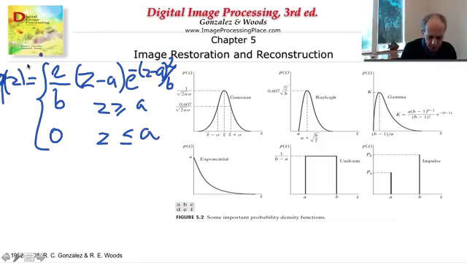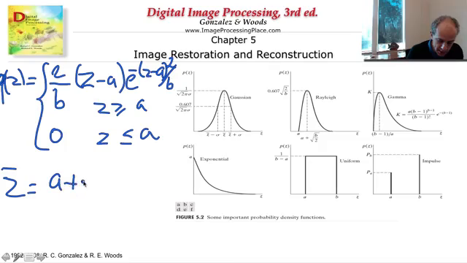So it looks like a complicated formula. It has this quadratic exponential, the same as in the Gaussian. It's multiplied by this, and there are two parameters, b and a. Let me write down two important things before I describe examples of the Rayleigh noise. One is the average. It's not hard to compute: a plus the square root of pi b over 4.